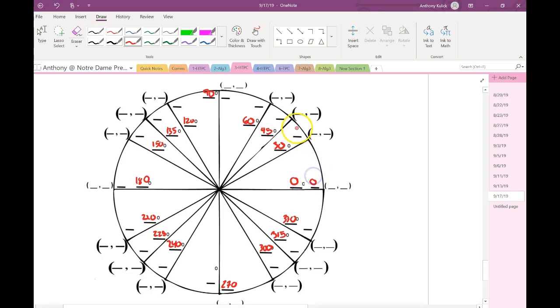So 0 degrees is 0 radians, 30 degrees is pi over 6, 45 degrees is pi over 4, 60 degrees is pi over 3, 90 degrees is pi over 2, 120 is 2 pi over 3, 135 is 3 pi over 4, 150 is 5 pi over 6, 180 is pi, 210 is 7 pi over 6, 225 is 5 pi over 4, 240 is 4 pi over 3, 270 is 3 pi over 2, 300 is 5 pi over 3, 315 is 7 pi over 4, and 330 is 11 pi over 6.